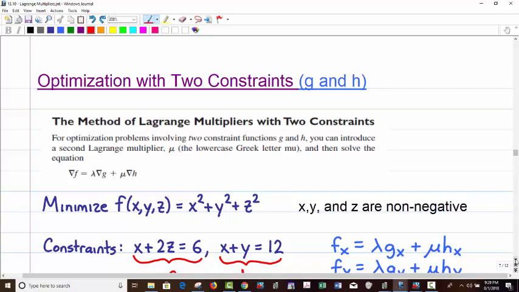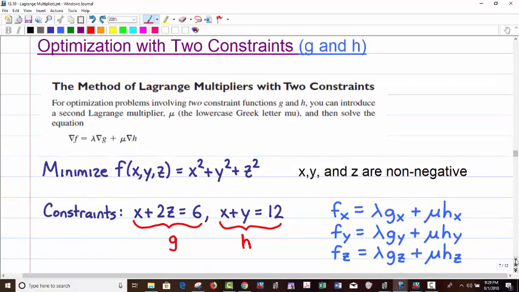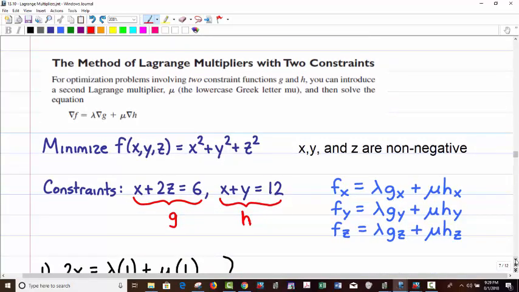So we have to optimize a function that satisfies two different constraints. Now here's what happens to the Lagrange equation this time. Before, g was the constraint, and g still is a constraint, but so is h. So the gradient of f now will equal a multiple lambda of the g, but since that's a different equation, we need a different multiple, and they're using the Greek letter mu.